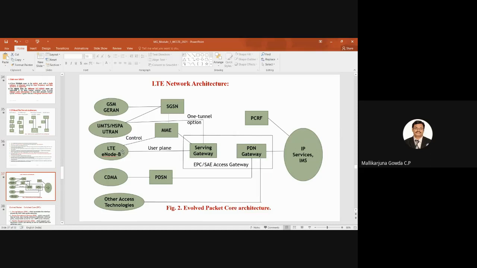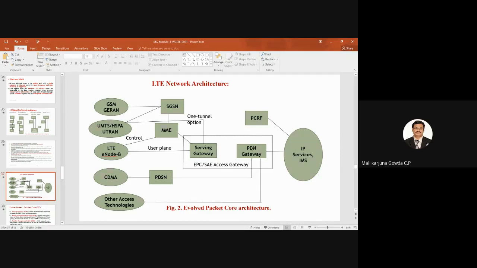Control plane will be connected to MME, that is mobility management entity. That is the next network element in case of LTE. The user plane is directly connected to the serving gateway, S-GW. Then the serving gateway and the PDN gateway, that is the packet data network.